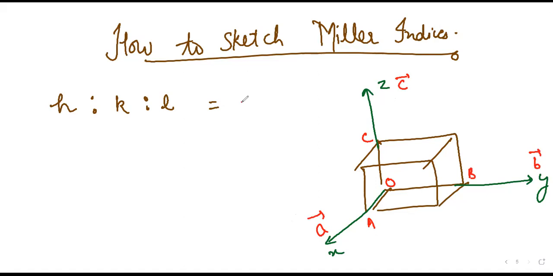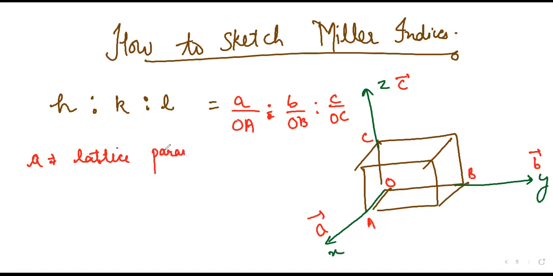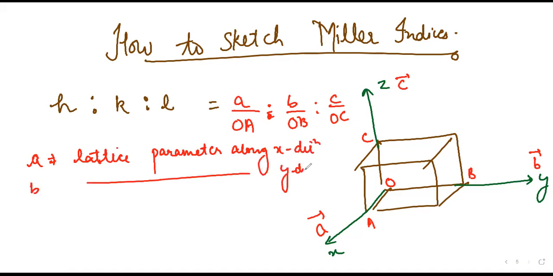So now it will be A by OA equals B ratio OB, equal to C ratio OC. What is A? A will be the lattice parameter along the x direction, B will be the lattice parameter along the y direction, and C will be your lattice parameter along the z direction.